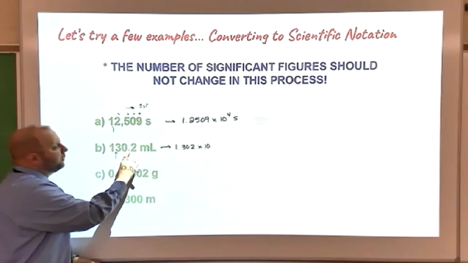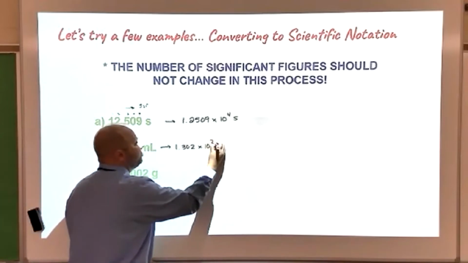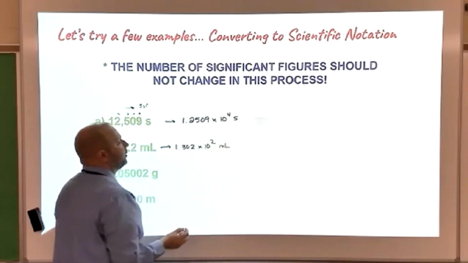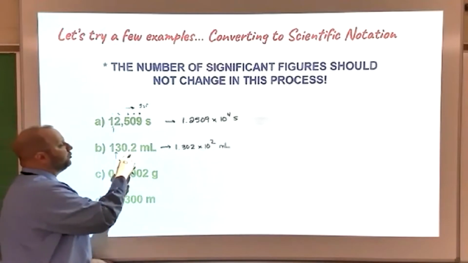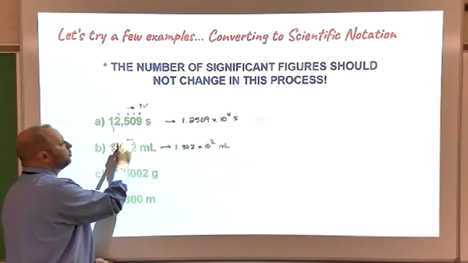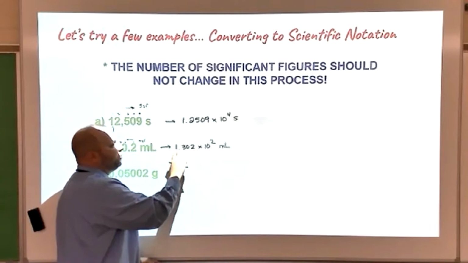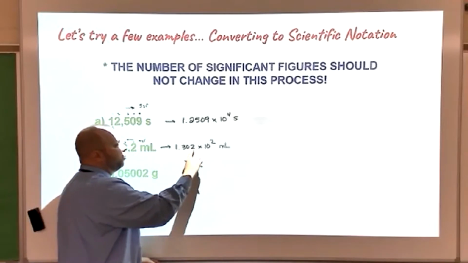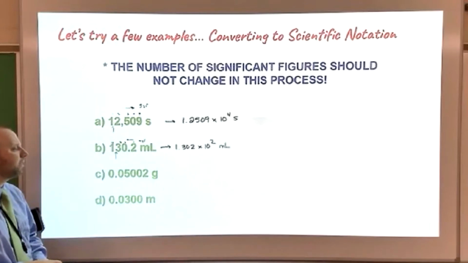Now, we moved the decimal place 2 spots, so we're going to have a 2 up here. Let's keep our unit. In terms of significant figures, this has a decimal place, so we count in this direction. 1, 2, 3, 4. So we have 4 significant figures. And here, you can see we also have 4 significant figures, 1, 2, 3, 4. This is our final answer.